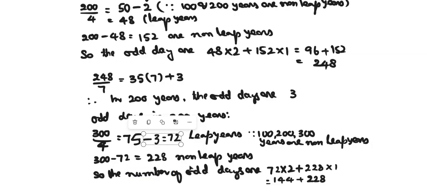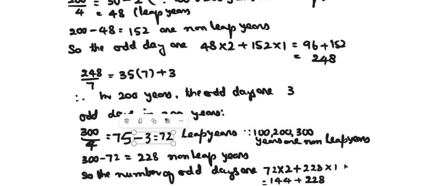72 leap years. So for each leap year, we have 2 odd days, and the remaining non-leap years are 300 minus 72, that is equal to 228. Each non-leap year has 1 odd day, each leap year has 2 odd days.